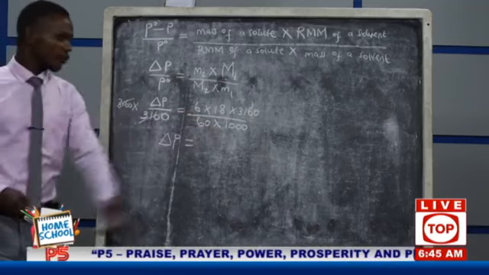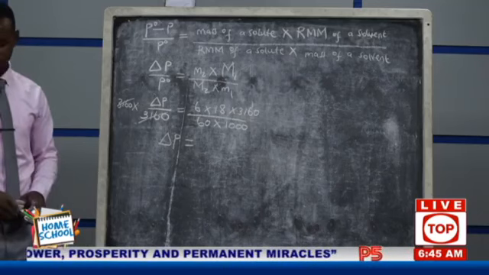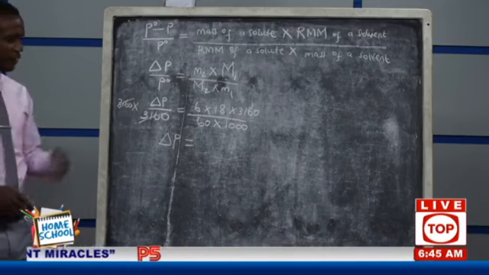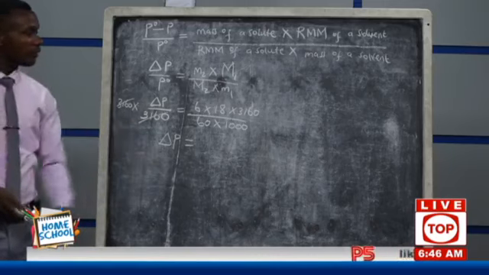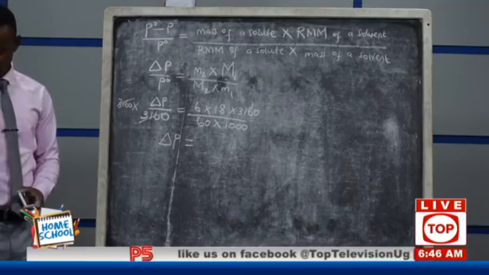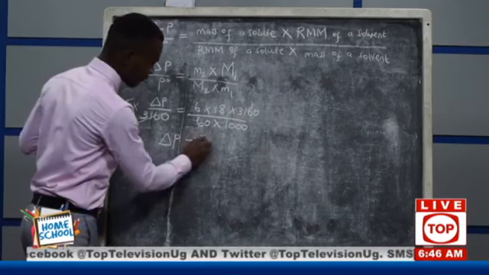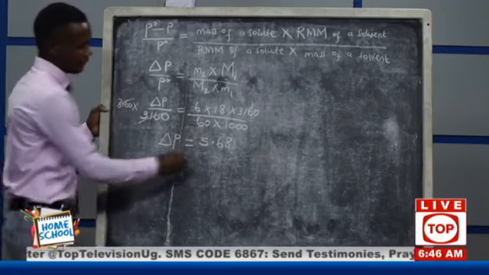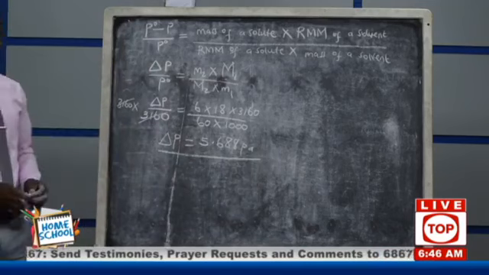Put this into the calculator and write the correct answer, the value representing the lowering in vapor pressure. When you put it into the calculator, make sure that you get 5.688 Pascal. So that one is going to be our correct answer.